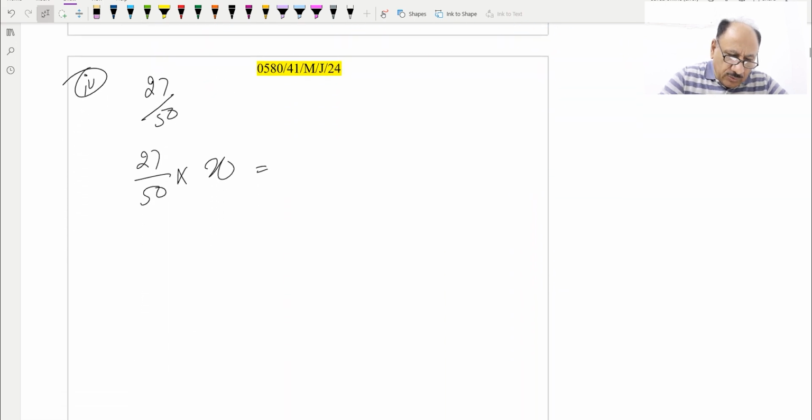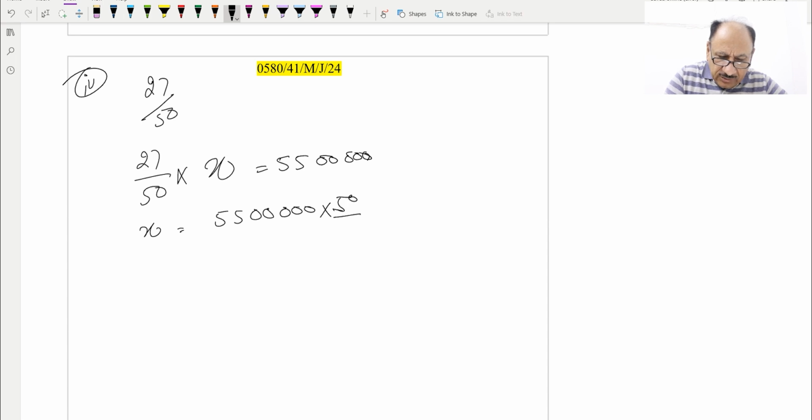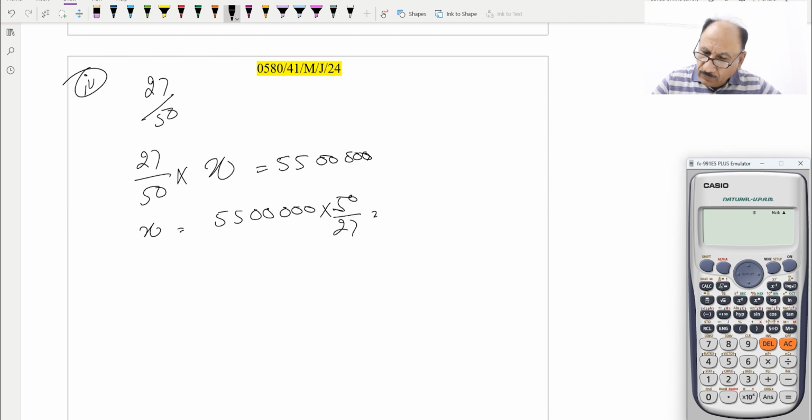So 27 by 50 of X is equal to 55 and 5 zeros. This is a reverse percentage question, so we can calculate the X value. X will be equal to 55 and 5 zeros multiplied by 50 over 27.